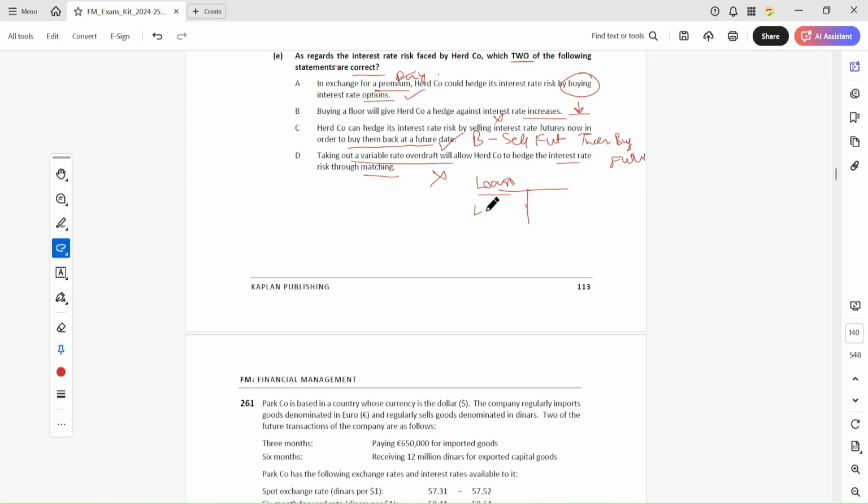We have to create an asset which is of variable rate. If the variable interest rate increases, the asset will increase, and this will eliminate the risk. But here we would be double creating our liability, so this is not correct. Instead we have to create an asset at a variable rate.